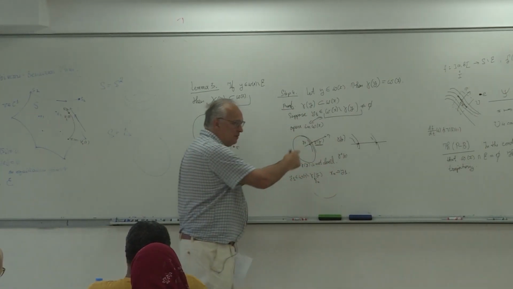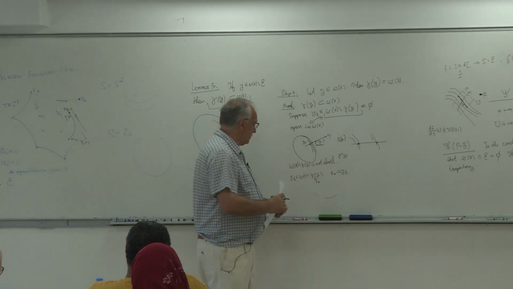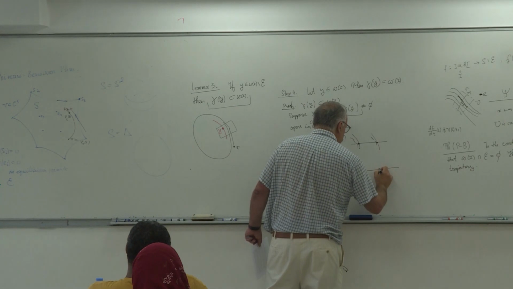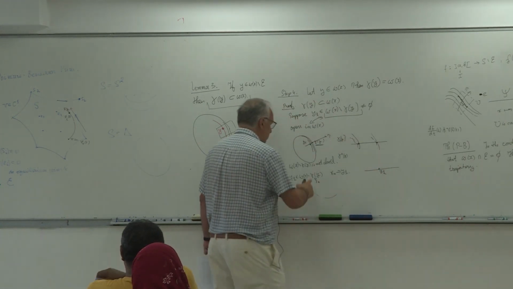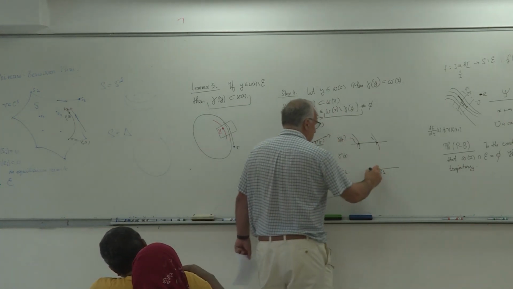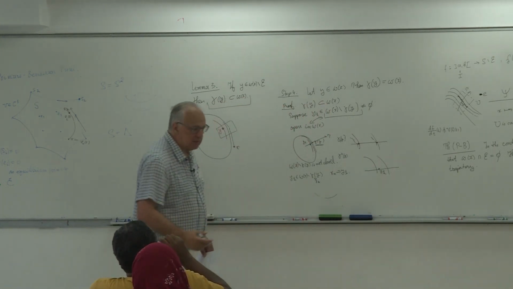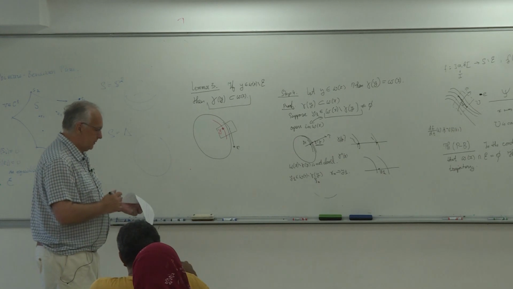And this is again impossible by the same reason, because you can take a transversal through gamma 1, and then this gamma intersects this transversal many times, and this is again not possible. Okay.